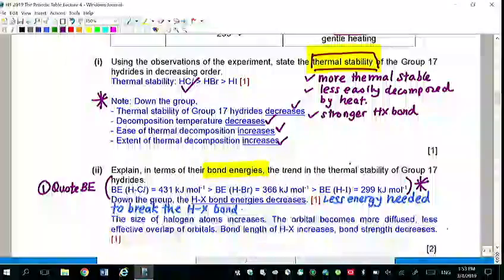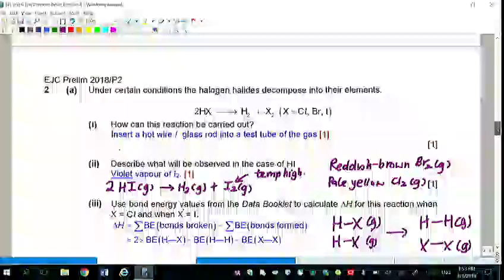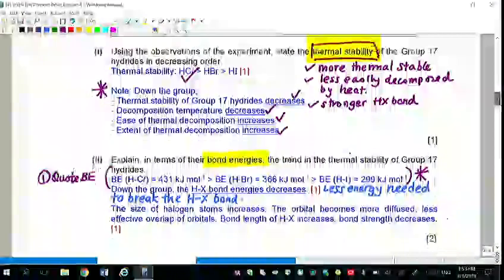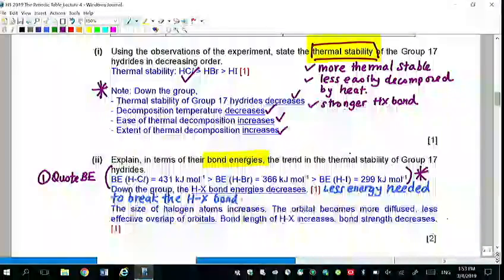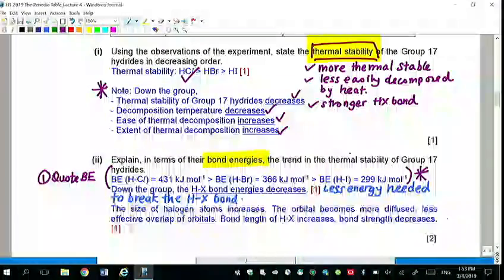I will just put bond energy of HCl higher than bond energy of HBr, higher than bond energy of HI. Down the group, HX bond energy decreases. Because the bond energy decreases, less energy is needed to break the HX bond. Hence, the thermal stability decreases down the group.